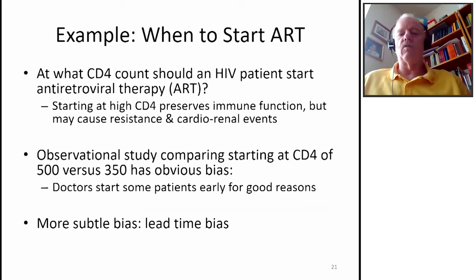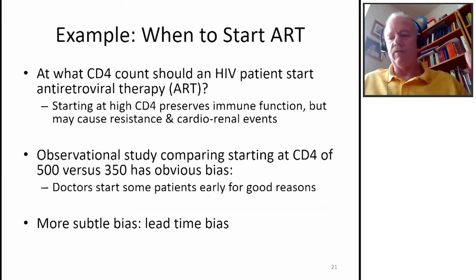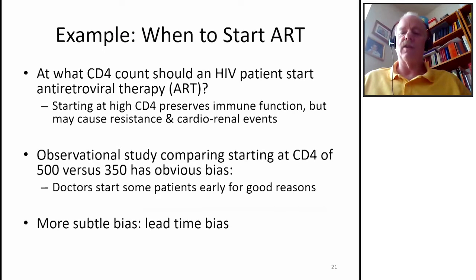So starting when you have a very high CD4 T cell count preserves immune function, but there was a thinking that perhaps some of these medications cause some cardiovascular or renal events. So there was an open debate about whether you should wait for the CD4 count to go down to a relatively low level, or whether you should start antiretroviral therapy early in the infection.